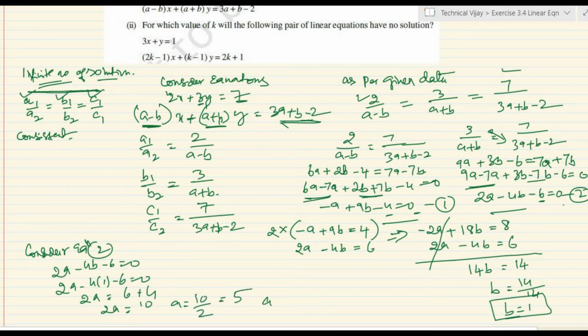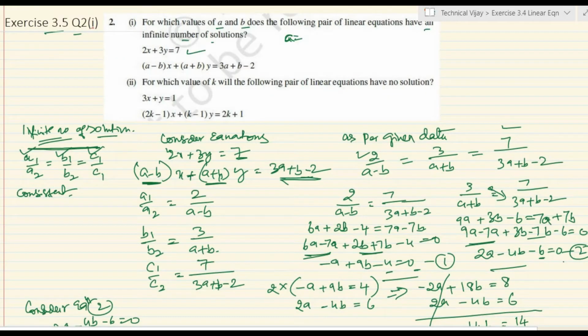So a is equal to 5 and b is equal to 1. These are the a and b values. For a is equal to 5 and b is equal to 1, this pair of linear equations has infinite number of solutions. Okay, we will go for the second one.